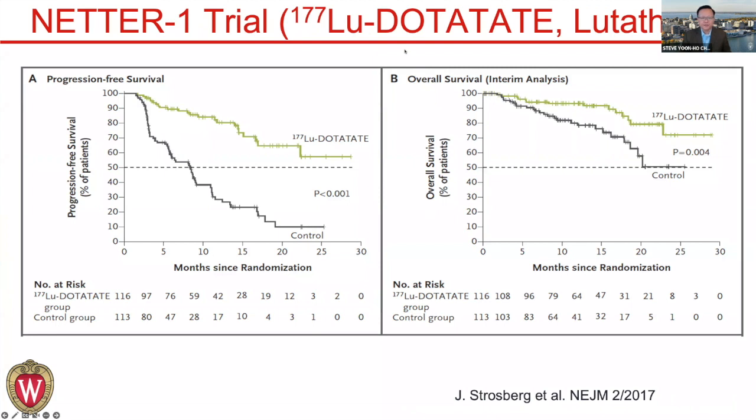So this was the pivotal, landmark trial that led to the approval of lutetium-177 dotatate, or Lutathera, for neuroendocrine tumor. And in this New England Journal article that published their results, the progression-free survival in green for lutetium dotatate compared to the control, which is just standard of care octreotide treatment, really showed at the time of the analysis that it didn't even reach 50% progression-free survival, and there was a statistically significant increase in overall survival.